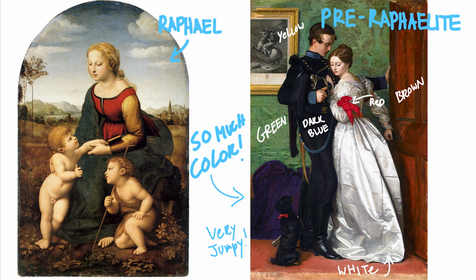Mostly if we take a look at this painting by John Everett Millais, which is called The Black Brunswicker?